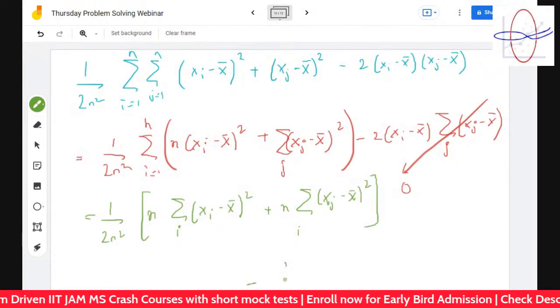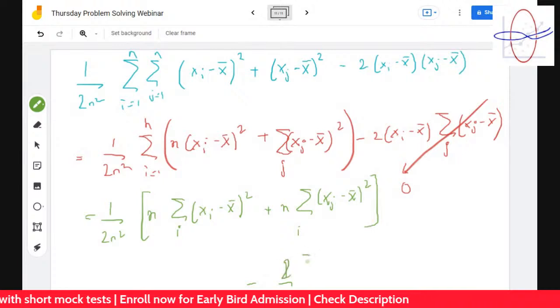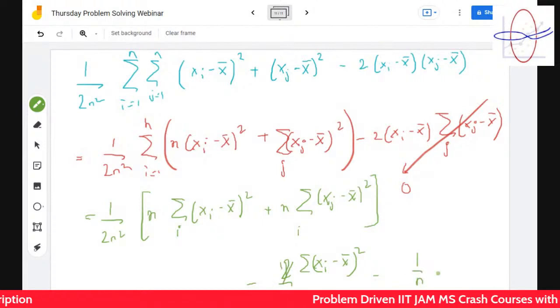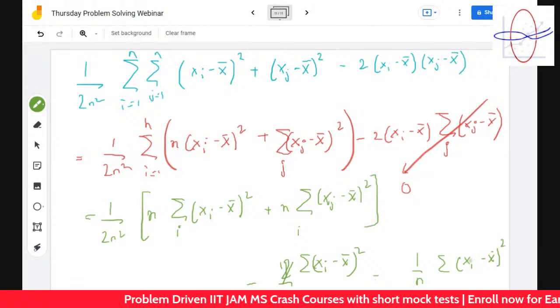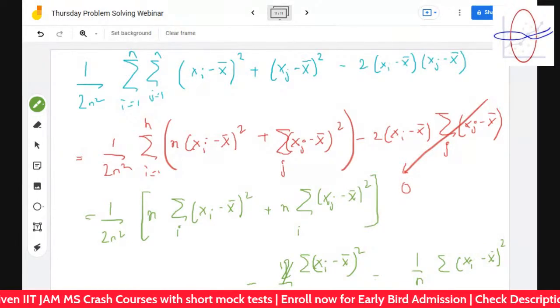It turns out 1 by 2n. These two are the same, so it's twice the summation over (xi minus xj) whole square. Both are same. So you get 1 by n summation over (xi minus x bar) whole square. You see now why it's consistent, guys? Do you see now why it's consistent?